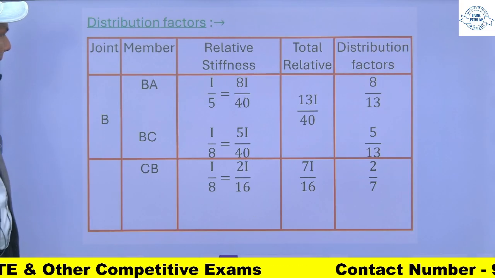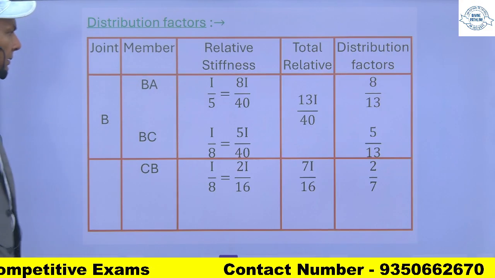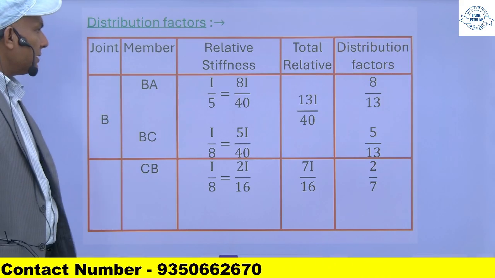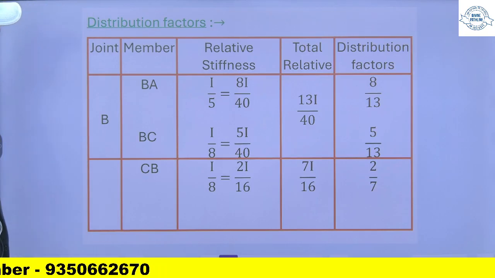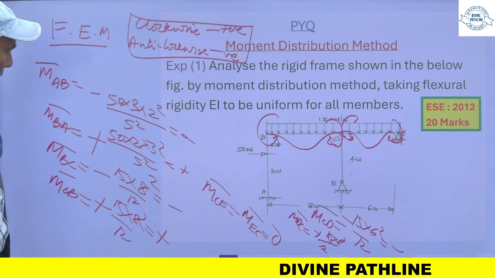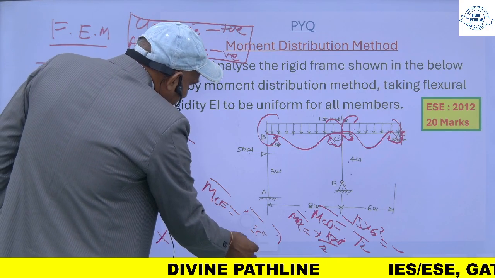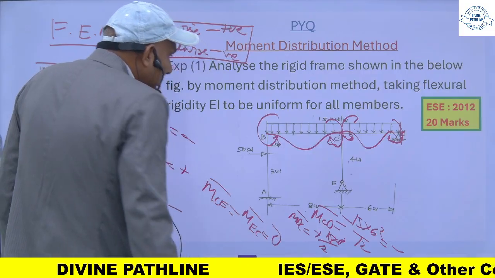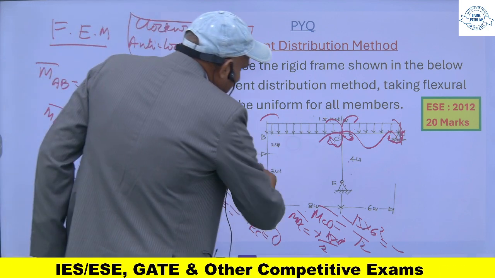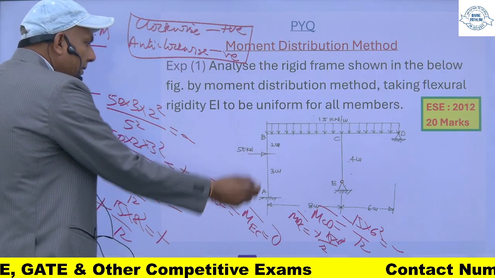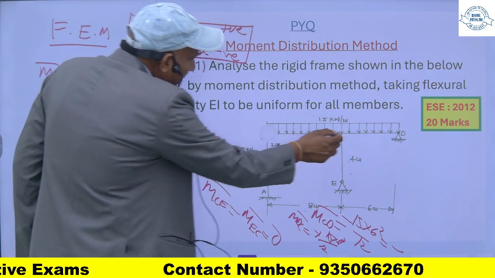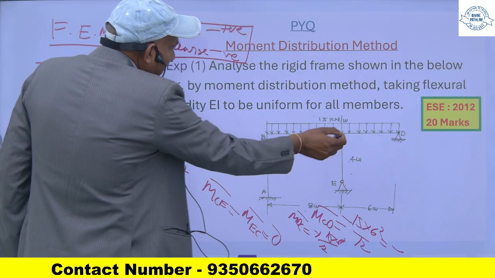Then I will find the distribution factor. There is a table: joint, member, relative stiffness, total relative stiffness, and distribution factor. For this joint B, there are two members, BA and BC, and this end is fixed and this end is also fixed.